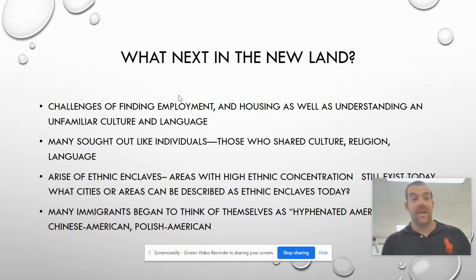That's what a lot of these immigrants did. So they lived with people of the same ethnicity because it helped them adjust to the new area, and it also reminded them of where they came from.